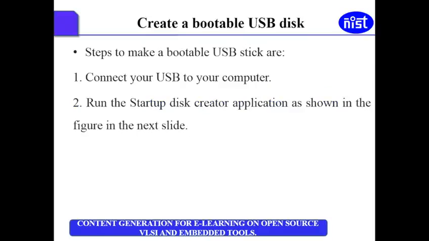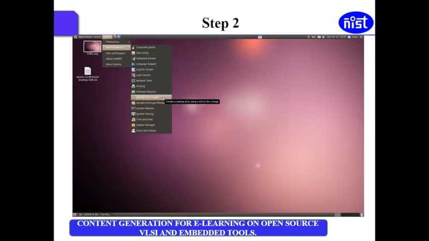And the next is how to create a bootable USB disk. The steps to make a bootable USB disk are: connect a USB to your computer and then run the Startup Disk Creator application as shown in the figure. In this, you go to System, then Administration, and then Startup Disk Creator.